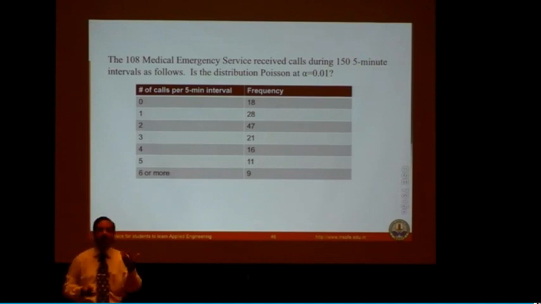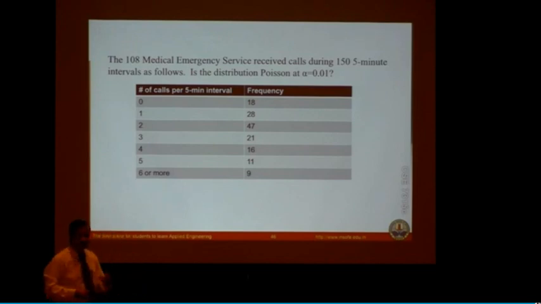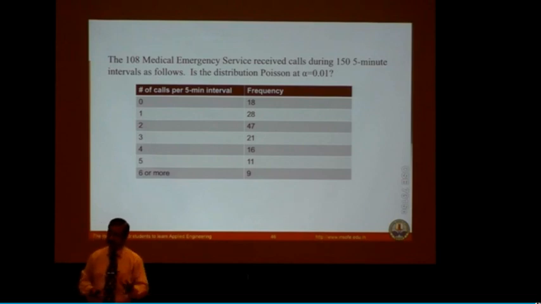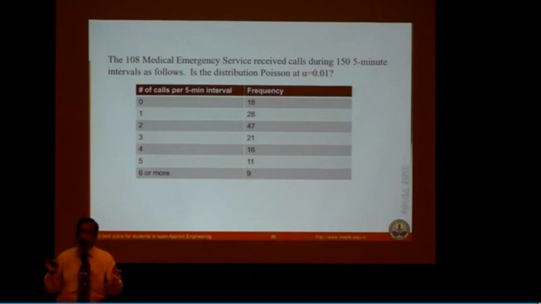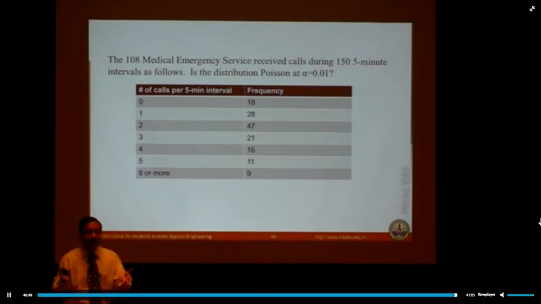Poisson distribution always has to do with counts. I am counting how many calls I received per interval, the frequency of the number of calls per interval. And I want to know if this data is distributed as a Poisson. Is this data fitting the Poisson distribution at a significance level of 1%?